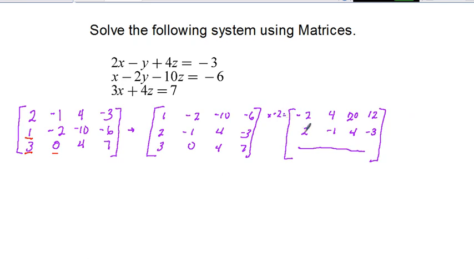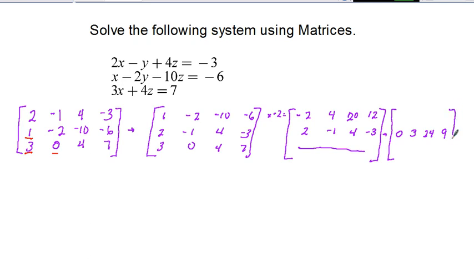Now I'm going to add these and replace row 2 with the values. So if I add negative 2 plus 2, I'm going to end up with a 0. 4 plus negative 1, I get 3. 20 plus 4 is 24. And 12 plus negative 3 is 9.